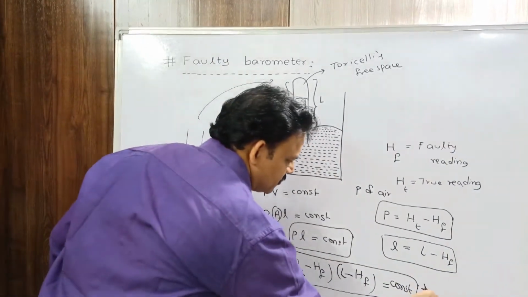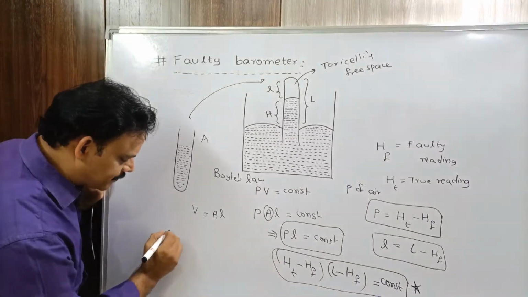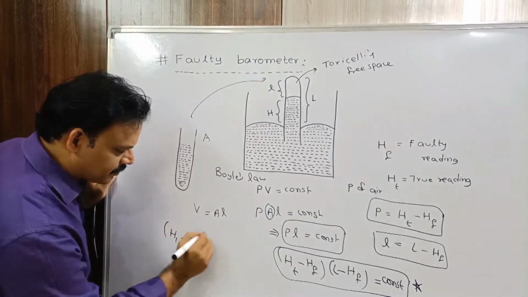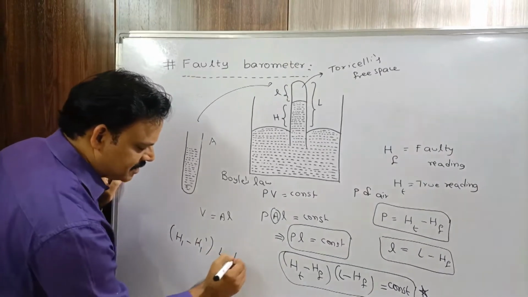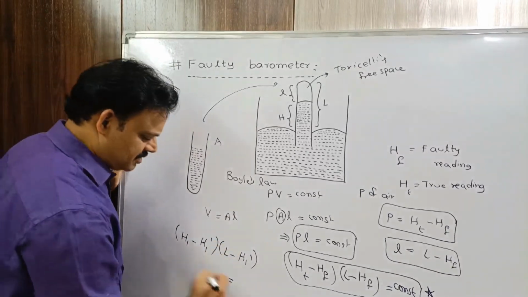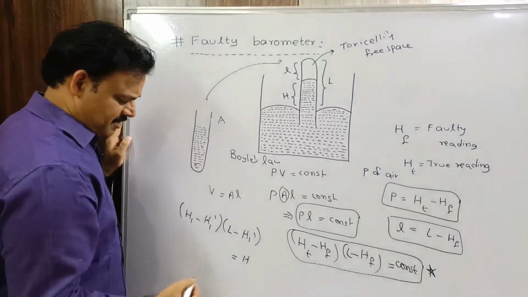Suppose we get two values. Let me call the true reading H1 and the faulty reading in the first case H1 dash: H1 into L minus H1 dash is equal to, for the second combination, the second reading. If the same experiment is repeated, we get some other values.